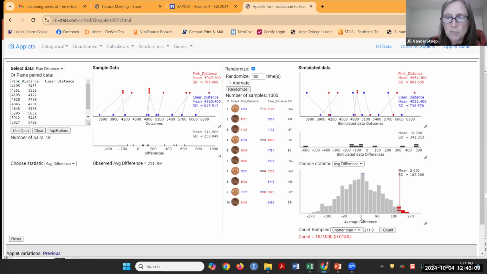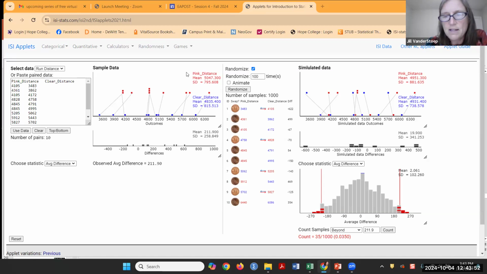So I need to find that comparable value, which would be a negative 211.9, and count the number of simulated statistics below that. And the applet will do that for us also. Where it says greater than, you can open the pull down menu and select beyond for the two-sided p-value. So we have a p-value of about 0.03. Some of you might be closer to 0.04. That's number 22.